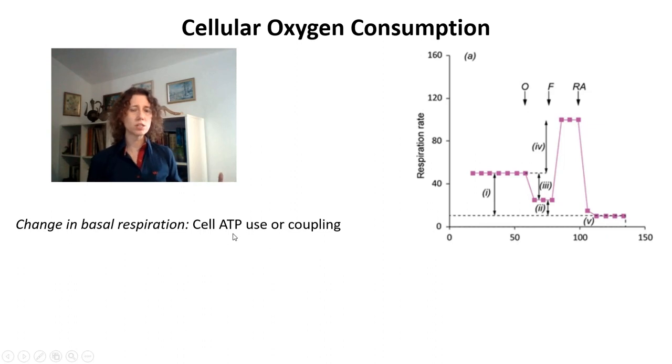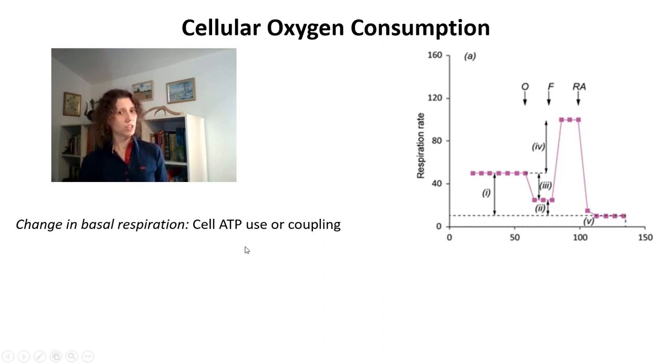So for some reason, some process uses more or less ATP in this cell, and you're producing more or less ATP in mitochondria, changing the respiratory rate. Another thing it can reflect is a change in coupling. So if your mitochondria are more or less coupled, they're going to generate more or less ATP per oxygen consumed. So a change in basal respiration can reflect both a change in ATP use or a change in coupling.